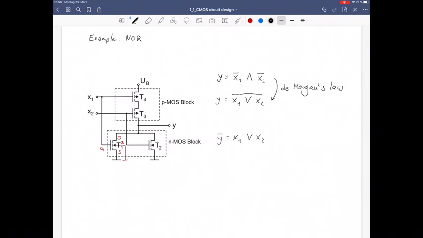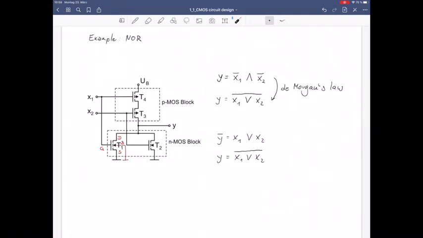We can do a simple logical operation on this equation too. So inverting the equation on both sides, of course, yields y equals x1 or x2 inverted, which of course is the same equation we got for the PMOS block.